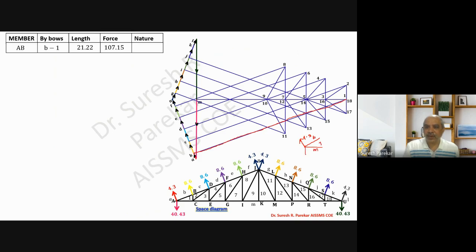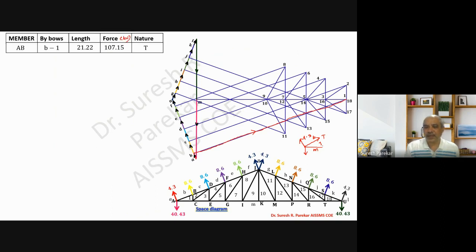We have this load downward. Now we are going from B to 1, which direction? Upward. So what will be the force in this member? It is tensile. So 21.22 into 5.05 gives 107.15 kilonewton. These forces are in kilonewton.